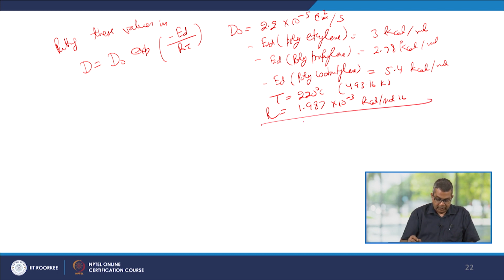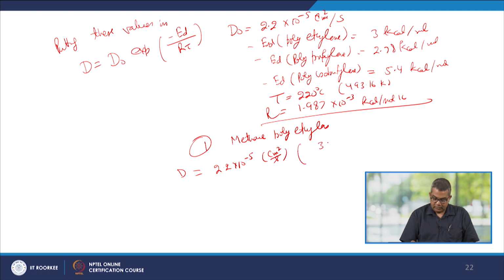Now, if we solve separately, then for the first system, methane in polyethylene, D is equal to 2.2 into 10 to the power minus 5 centimeter square per second into exponential of 3 kilocalorie per mole over 1.987 into 10 to the power minus 3 into 493.16 Kelvin.